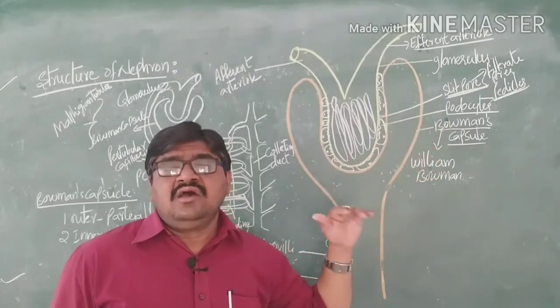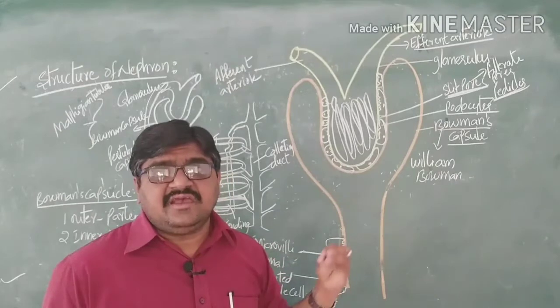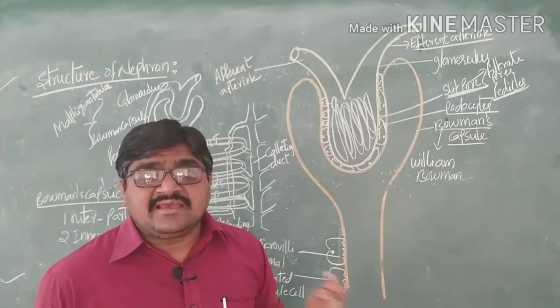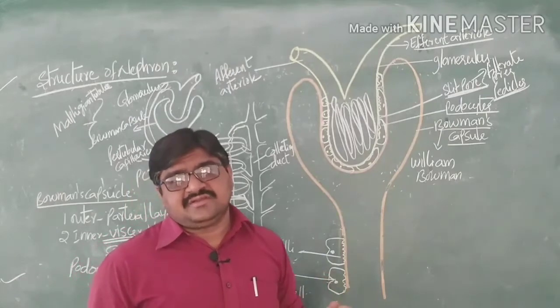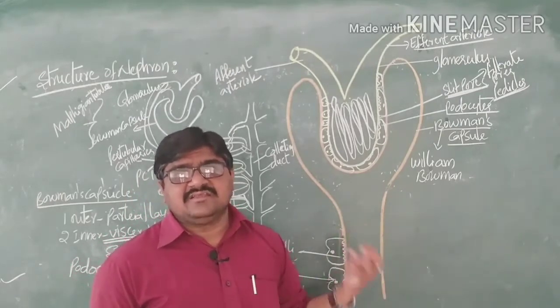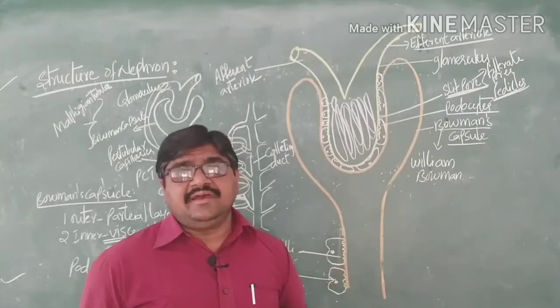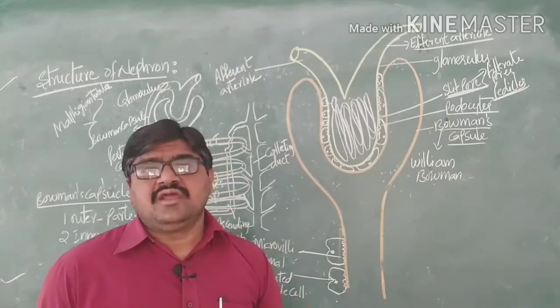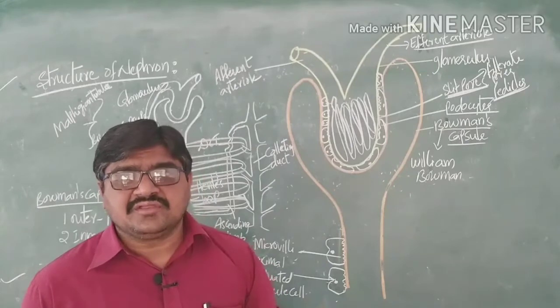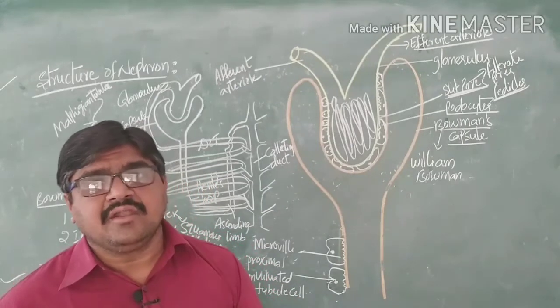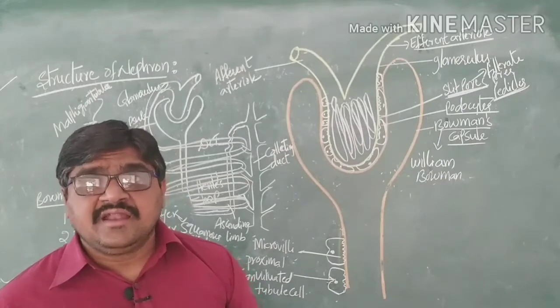Each nephron is connected with a collecting duct, where the waste materials are collected. From the collecting duct it passes to the urinary bladder, and from the urinary bladder it enters the urethra and is excreted outside the body. This is how the process takes place.